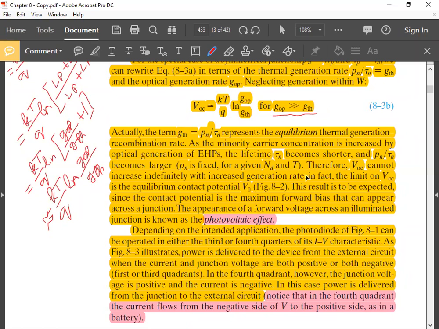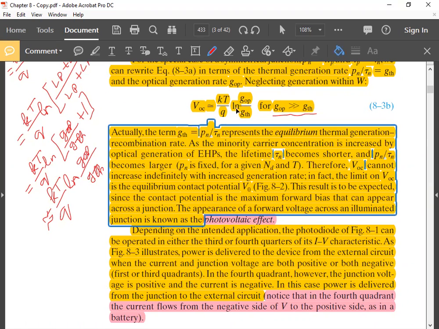In fact, the limit of VOC is the equilibrium contact potential V_O. This result is to be expected, since the contact potential is the maximum forward bias that can appear across a junction. The appearance of a forward voltage across an illuminated junction is known as the photovoltaic effect.